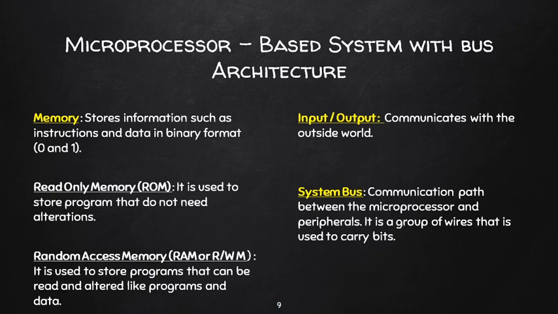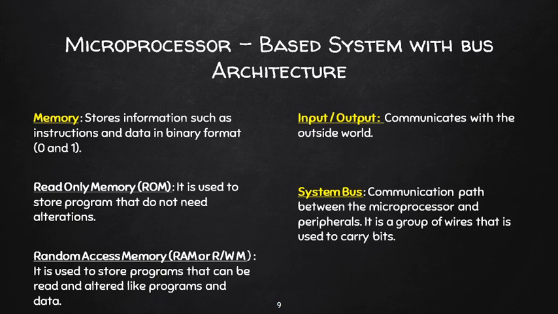Results are either transferred to the output section for display or stored in the memory for later use. In the memory block, we can see there are two sections. The first one is read-only memory, also known as ROM, and there is read-write memory, popularly known as random access memory or RAM.